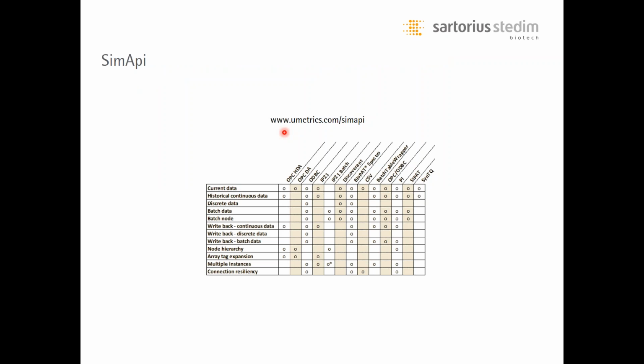And to talk a little bit more about the SIM API and the different SIM APIs that we can utilize with Simca Online, that has been on the market for quite some time. There have been a number of different SIM APIs or interfaces between a data source and Simca Online developed. So here you can see a number of those in this table.